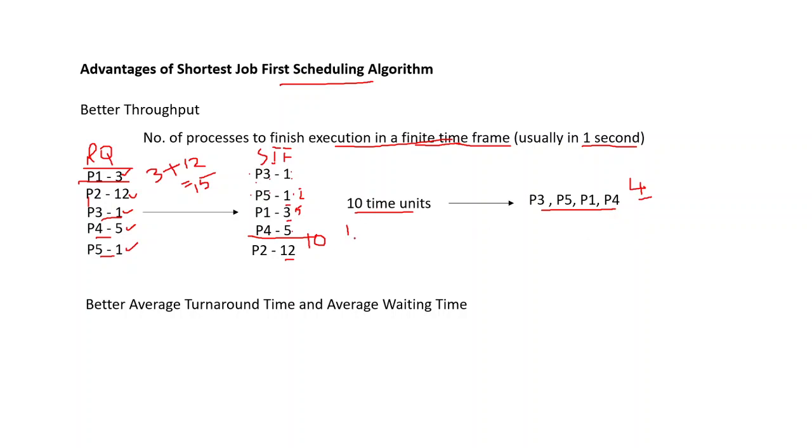So this is definitely better, right? And also shortest job first gives better average turnaround time and better average waiting time. This will be discussed when I discuss the other algorithms. Since this is the first lecture, you just get to know this one. We'll be discussing that again when we do the other algorithms.